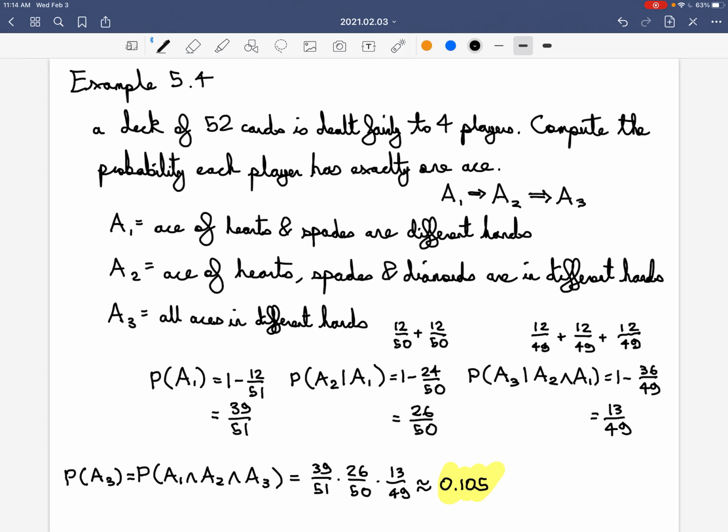So in the hand that contains the ace of hearts, there's 12 other spots, and each of those has a 1 over 51 probability of being filled with the ace of spades.